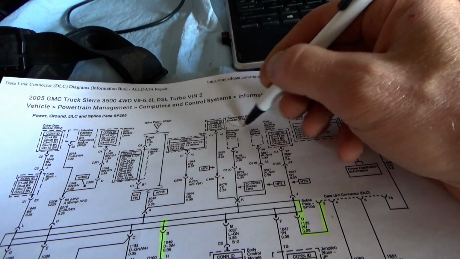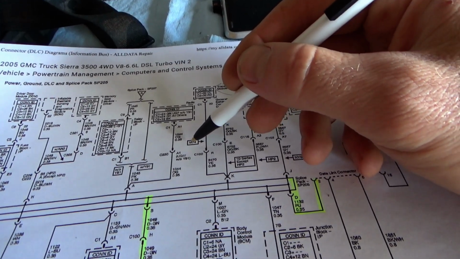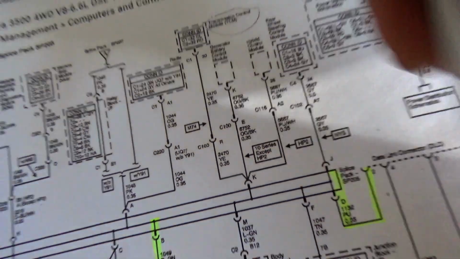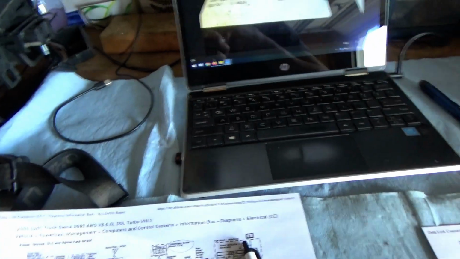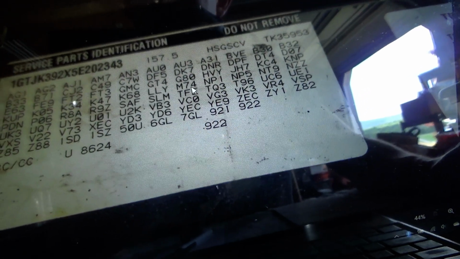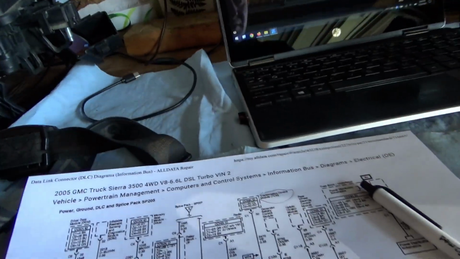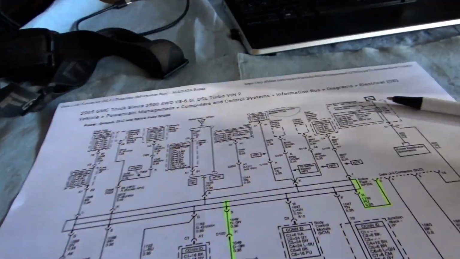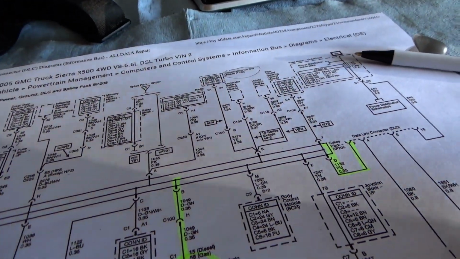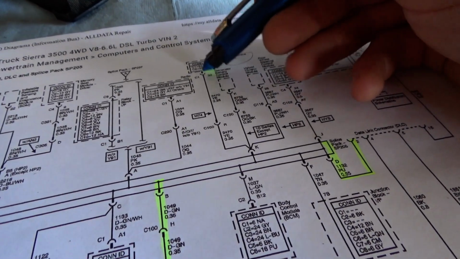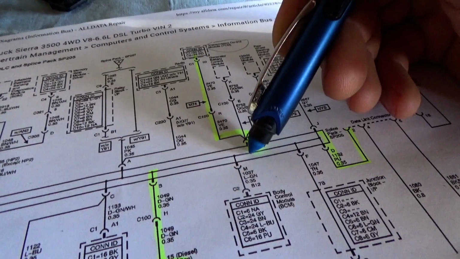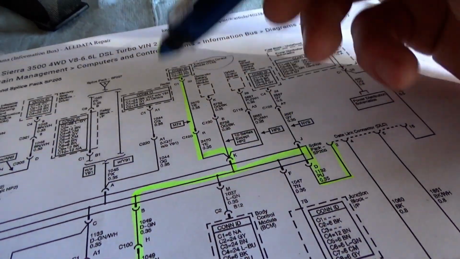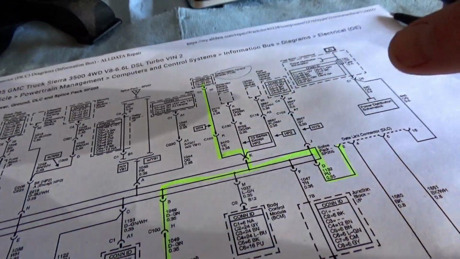Now here we have transmission control module, but keep in mind you have to look at the RPO code. So M74, do we have M74? LLY M74, we do. So the TCM should be on the low speed network as well, so M74, we should have this. So both modules can talk to the scanner, but how do they talk to each other?